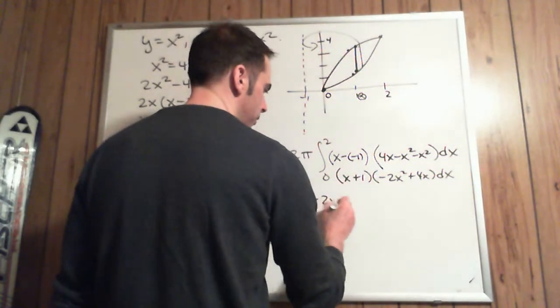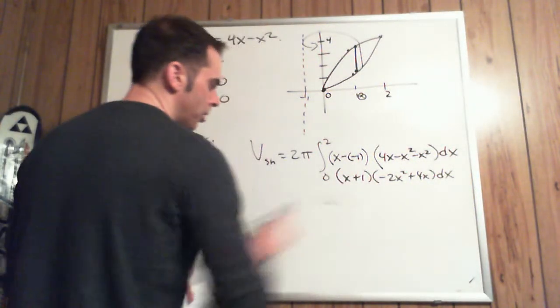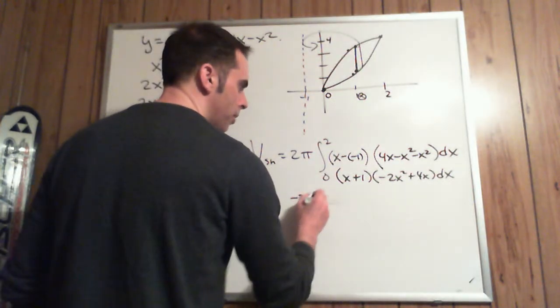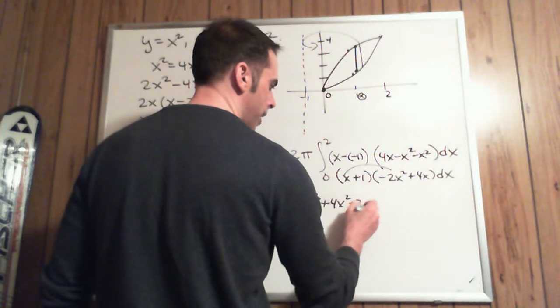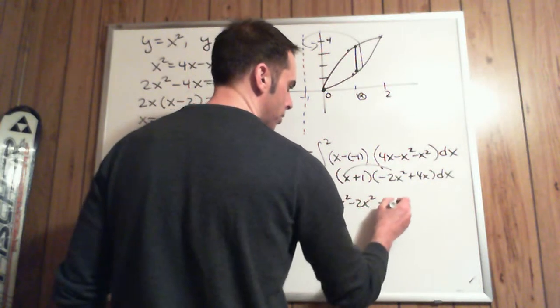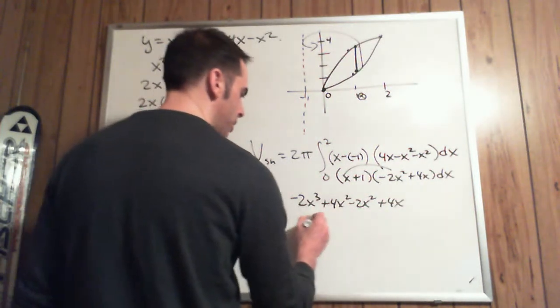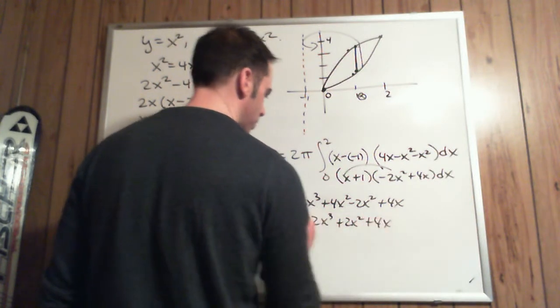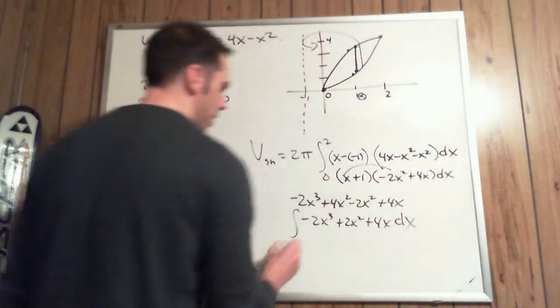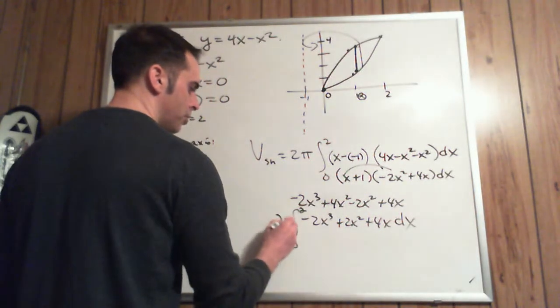So that would become negative 2. I'm backing this up some. It'd be negative 2x cubed plus 4x squared minus 2x squared plus 4x. And then that would become negative 2x cubed plus 2x squared plus 4x dx from 0 to 2 times 2 pi.